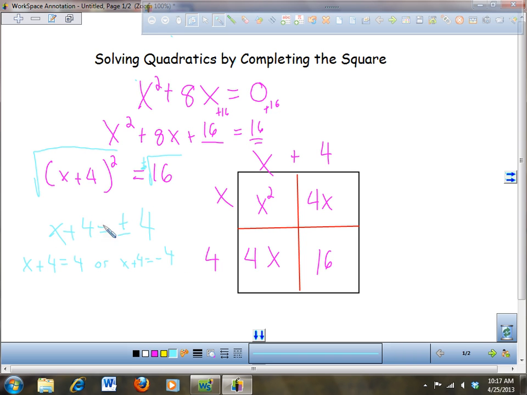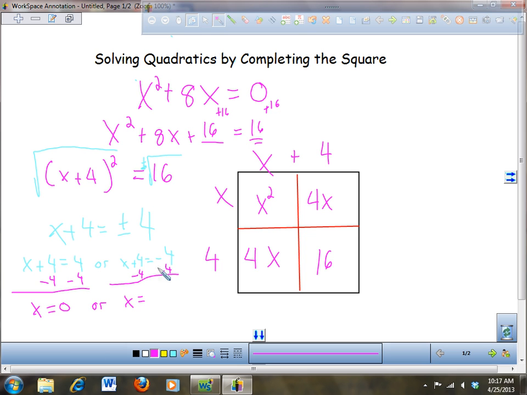So this is not just plus or minus, it's two different equations. That's what this plus or minus means. And then just use algebra to get x by itself, subtract 4 from both sides, and I get x equals 0, or x equals, when I subtract 4 from this side, what do I get?